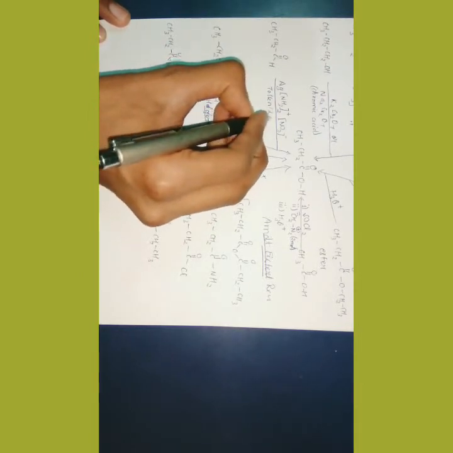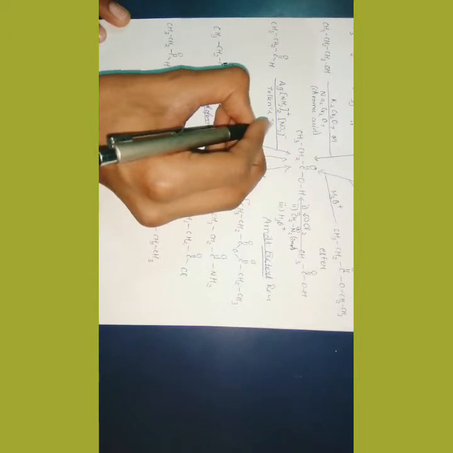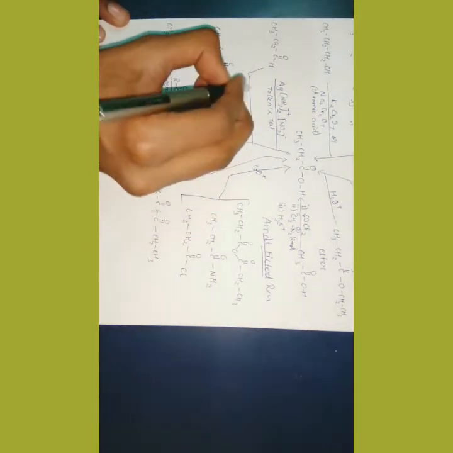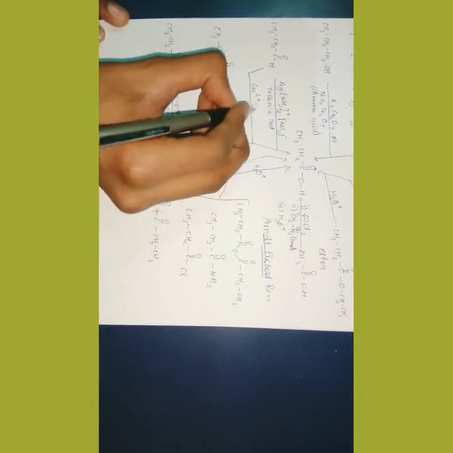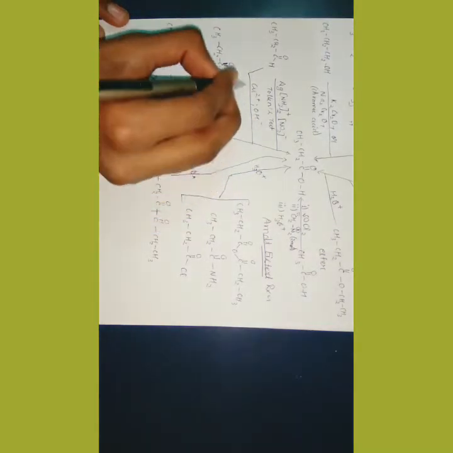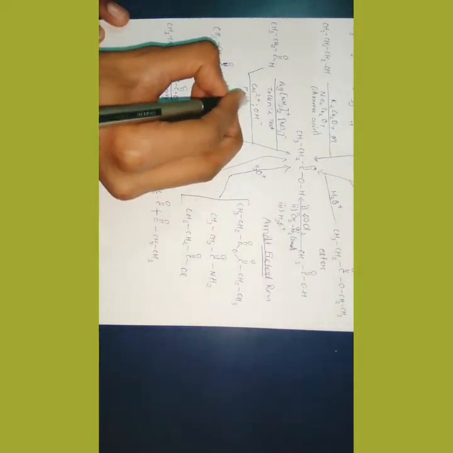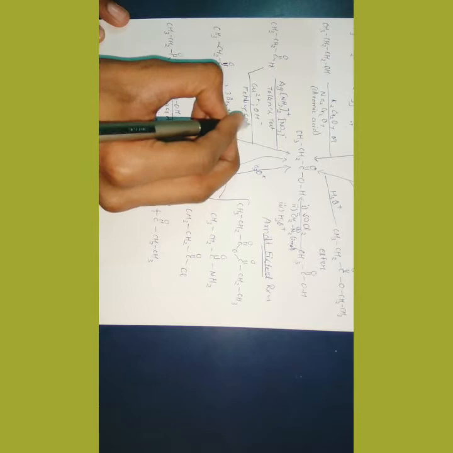This is Tollens reagent and this process is the Tollens test. And again, if we treat an aldehyde with Cu2 plus and hydroxide, this is Fehling solution, and this reaction is the Fehling solution test.